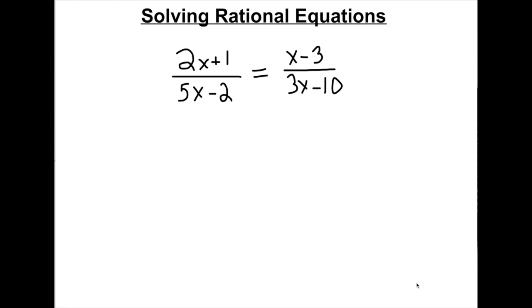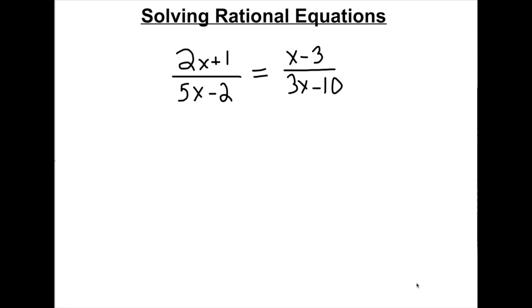In this example, we have the rational expression 2x plus 1 over 5x minus 2, equal to the rational expression x minus 3 over 3x minus 10. We're going to learn how to break this down and figure out what x is.